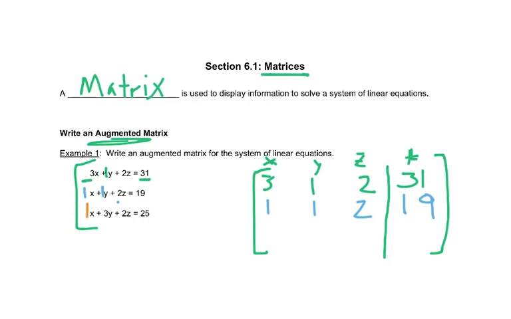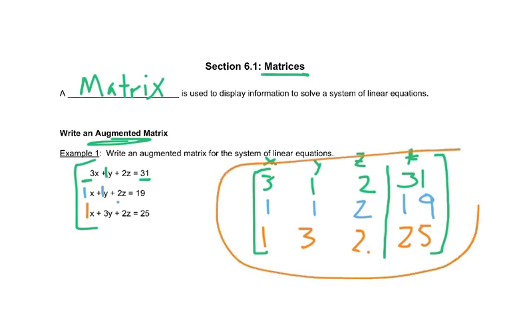In the third equation, there'd be 1 in front of the x, a 3 in front of the y, a 2 in front of the z, and then a 25 over here on its own. And that is the augmented matrix. Augmented means to make bigger, and they mean it's made bigger by this last row of numbers over here on the other side of that vertical line.